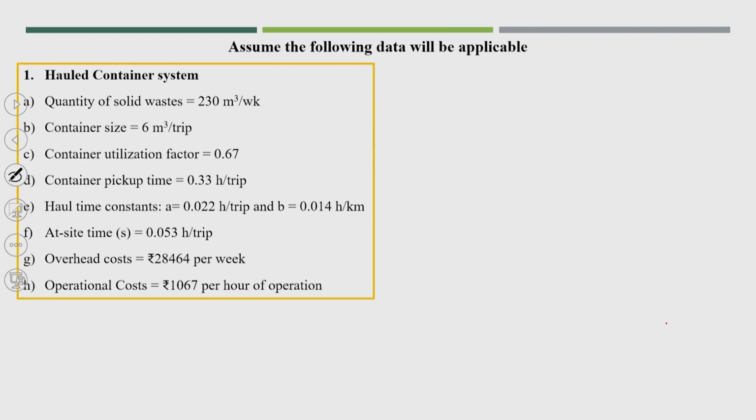First is the quantity of solid waste, that is 230 meter cube per week, then container size, container utilization factor, pickup time PC, haul constants A and B, and at site time. Overhead cost is given per week, and operation cost is given per hour of operation. Normally the operations will be for 8 hours, but the cost is given for 1 hour.